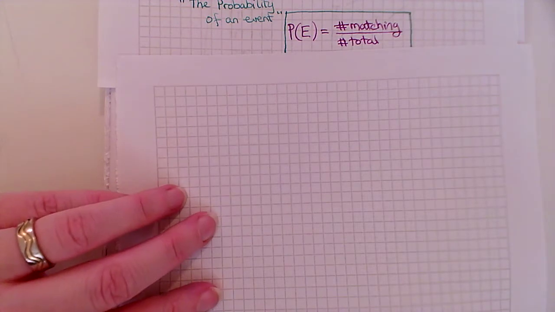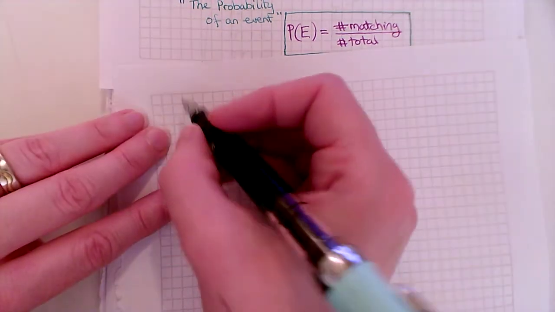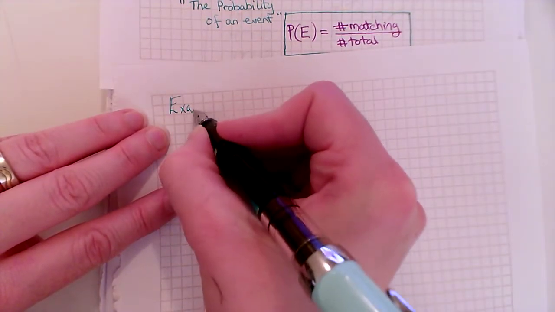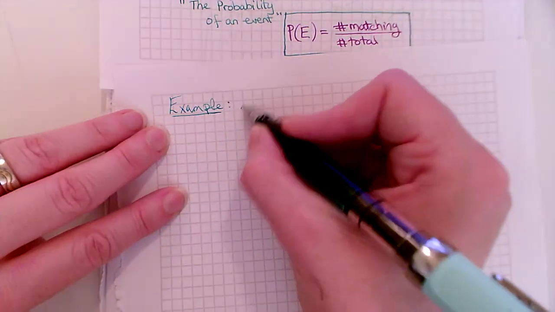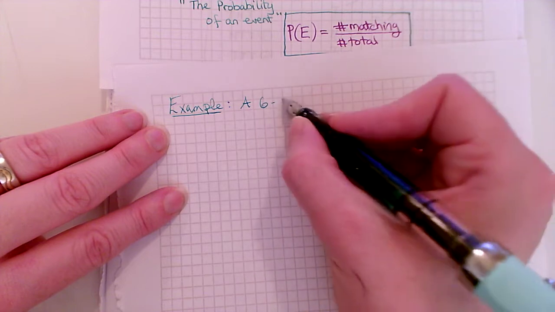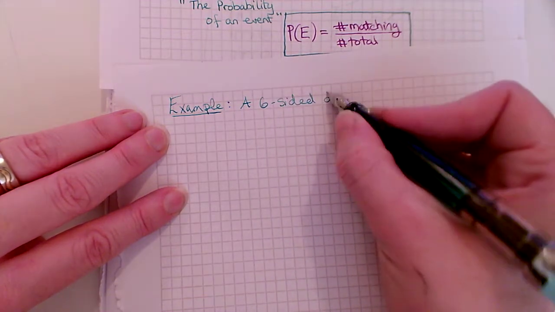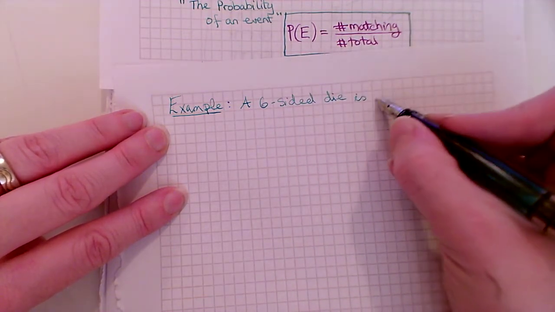So for example, a 6-sided die is rolled.